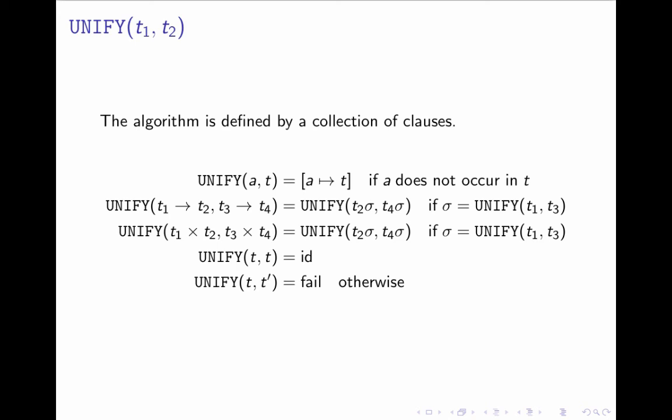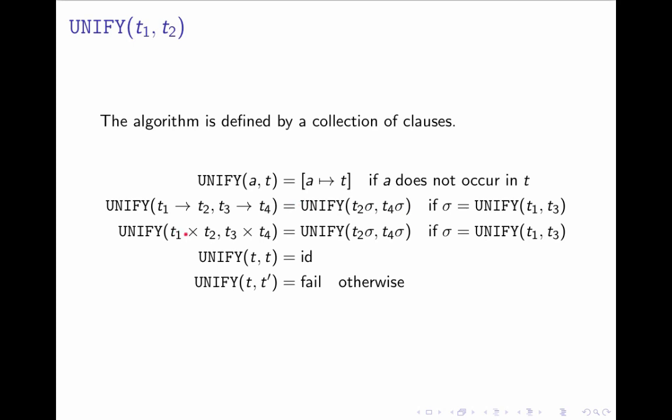What if we want to unify two function types, T1 to T2 and T3 to T4? Well, first T1 and T3 must be unified. We need to find a substitution that will equate T1 and T3, so we call unify with T1 and T3, we get a substitution, and then we apply the substitution that we now know to T2 and to T4, and then we call unify again.